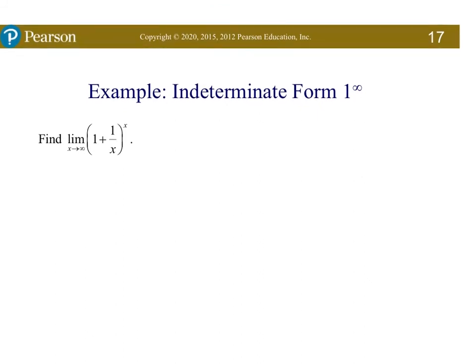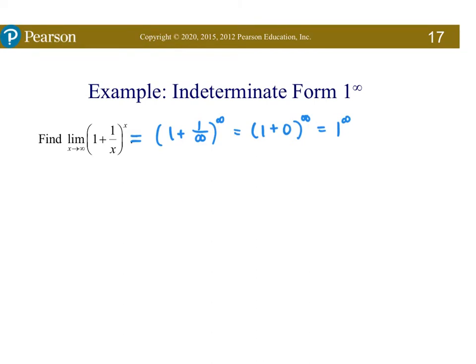So here's an example where we would plug in infinity. That will give me 1 plus 1 over infinity to the infinity. That will give me 1 plus 0 to the infinity, or 1 to the infinity. That is considered an indeterminate form.